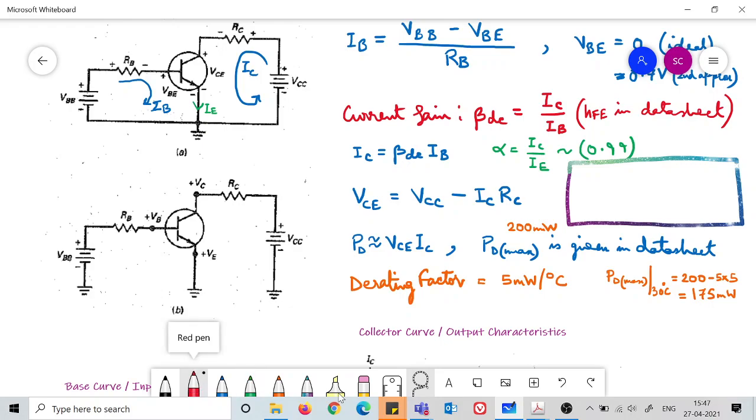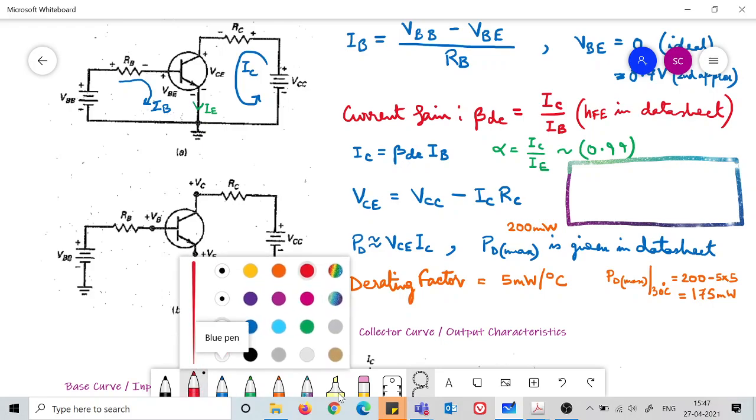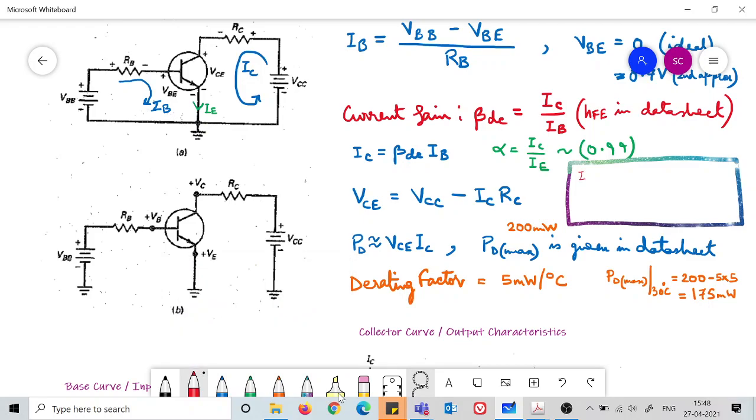IC equals alpha IE plus ICBO. This is the reverse saturation current in the collector base diode, ICBO. Okay, IC equals alpha IE plus ICBO.